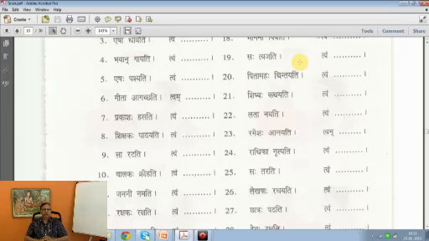Tvam kathaya. Lata nayati. Srinivas, you can also do better. You will be alert. Lata nayati. Tvam naya. Just take out the terminations. Rameshaha anayati. Tvam anaya. Ramesh brings, you bring.